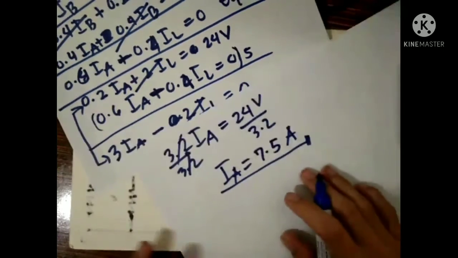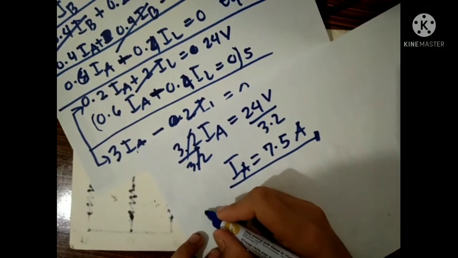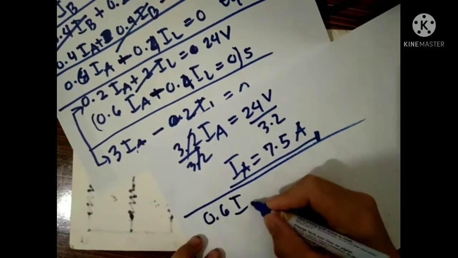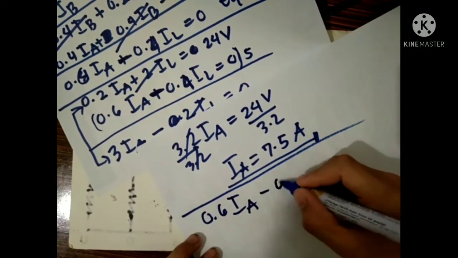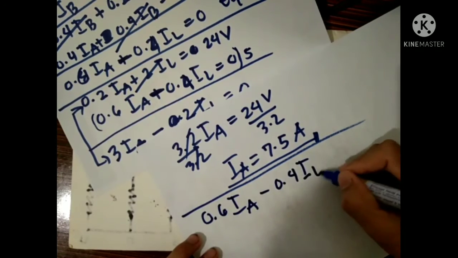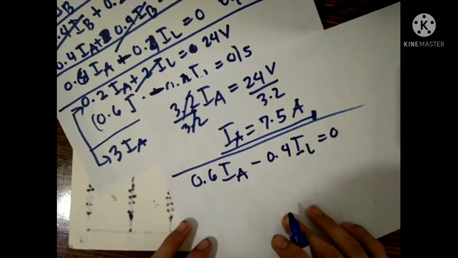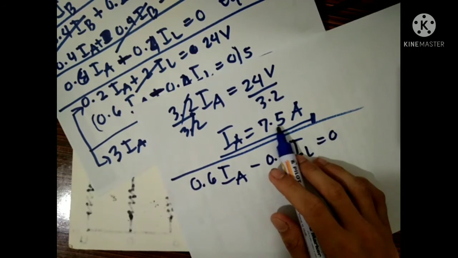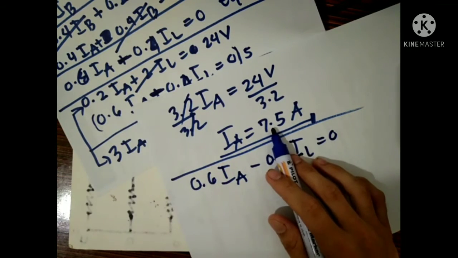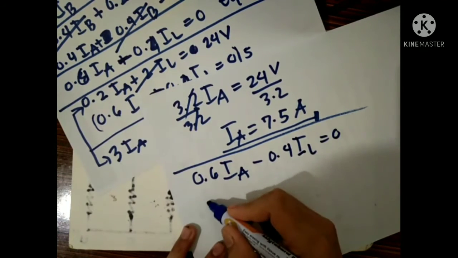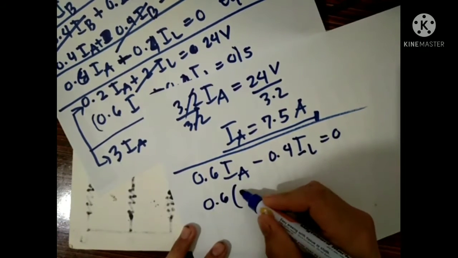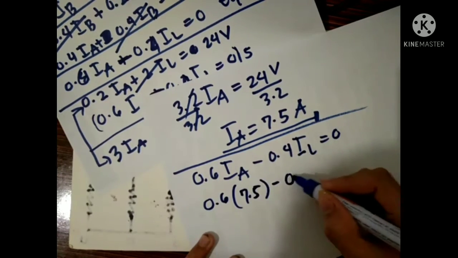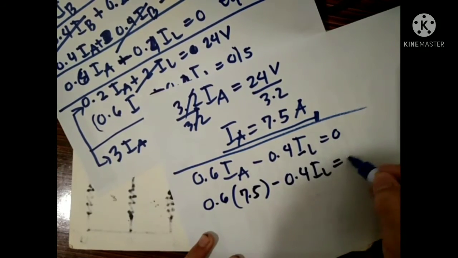So equation number 4, we rewrite the equation to make it clear. 0.6 IA minus 0.4 IL is equal to 0. So we do have IA, which has a value of 7.5 amperes. So we can plug in the value of IA. So 0.6 times 7.5 minus 0.4 IL is equal to 0.